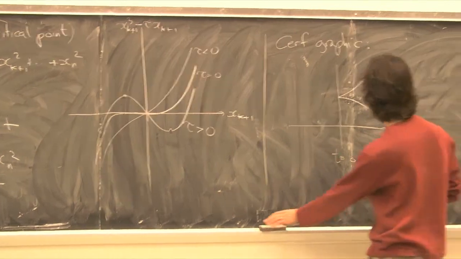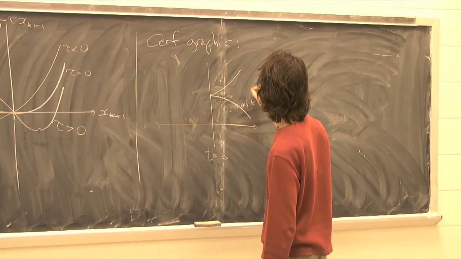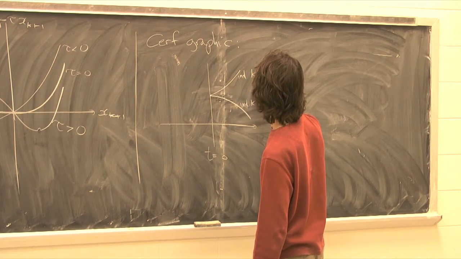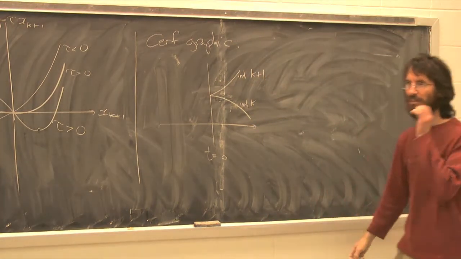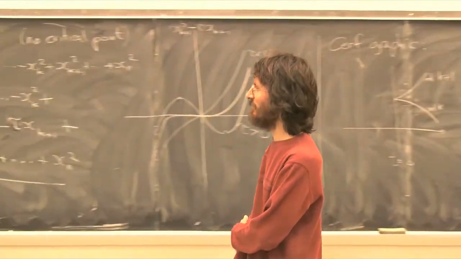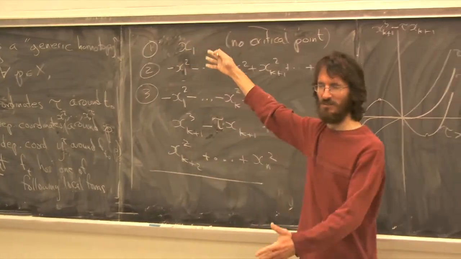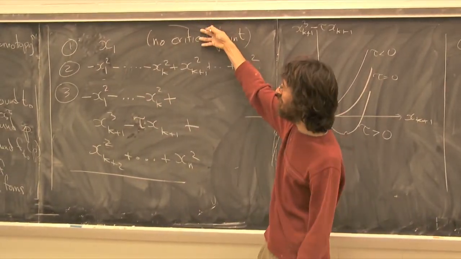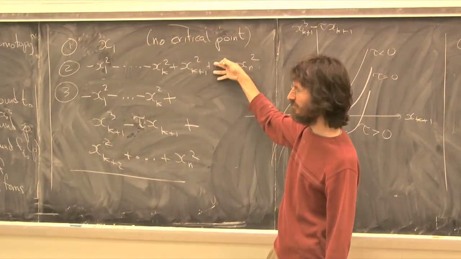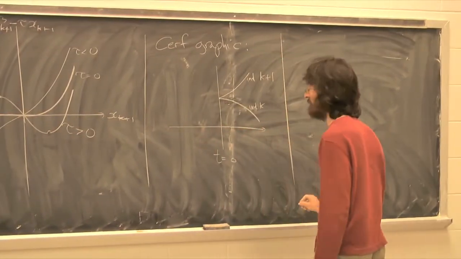I guess they'll be there at the origin as well, but any given point, and this is index k, and this index k plus 1. Okay. So this is what we will call a generic homotopy. So it's either nice and Morse, there's either no critical points at all, or it's got a single Morse critical value, but then you can suddenly have this birth of a canceling pair. So this is a birth.